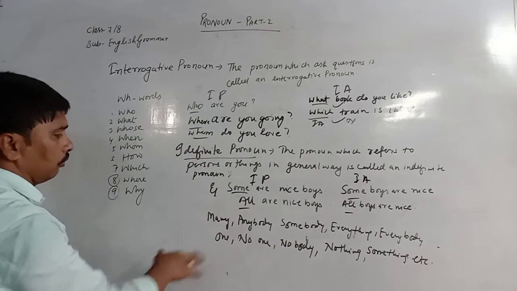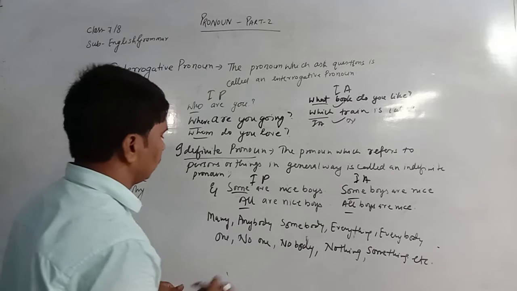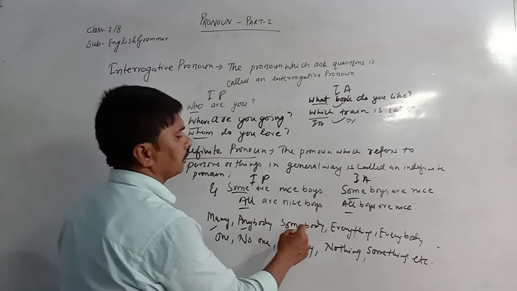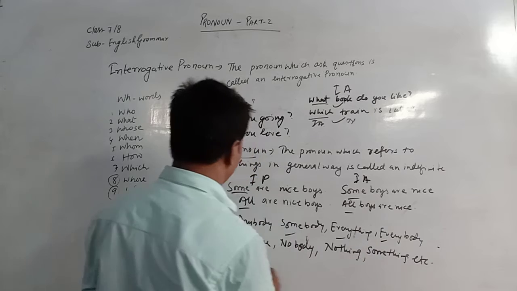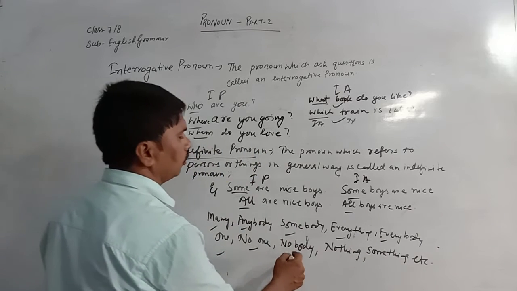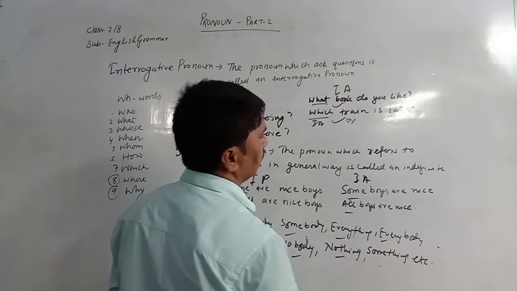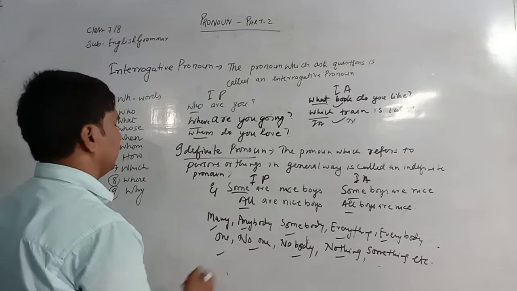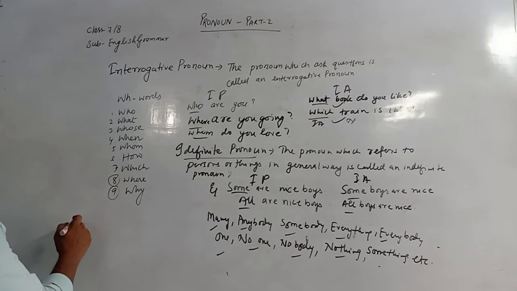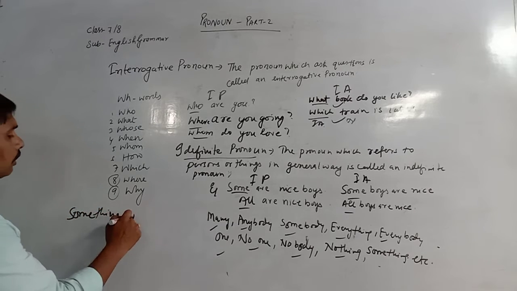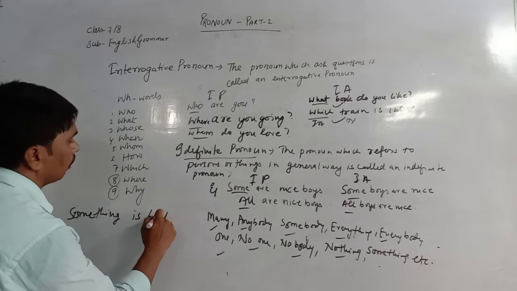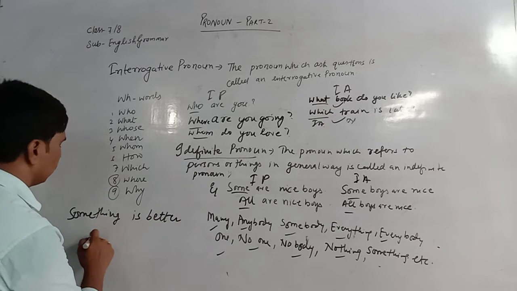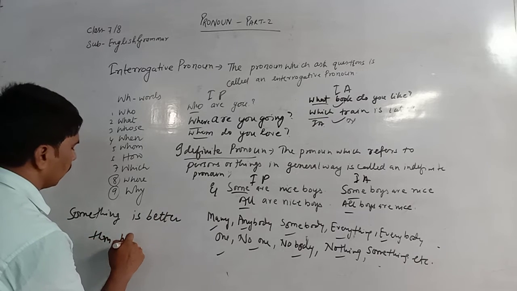Here are some more pronouns: many, anybody, somebody, everything, everybody, one, no one, nobody, nothing, something, etc. If you take one more example of indefinite pronoun, then you can say something is better than nothing.